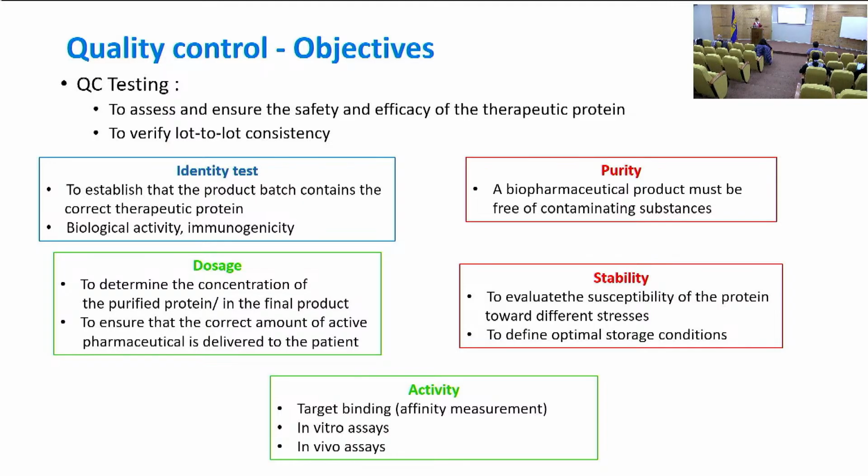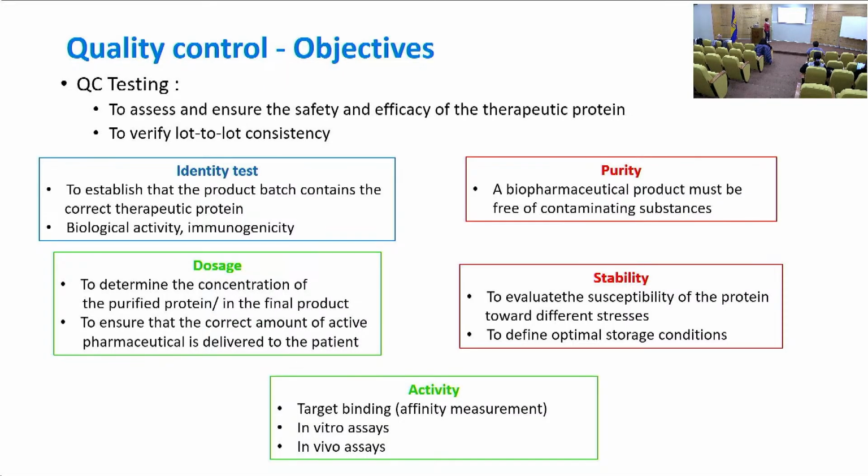The identity test ensures that the right protein will be attributed to the right patient, for instance, to verify the biological activity, and to ensure that there is no immunogenicity phenomenon, such as an unwanted response after the administration of the drug.